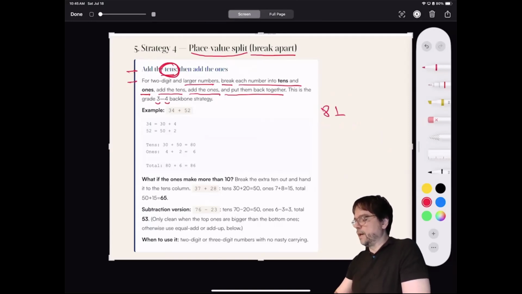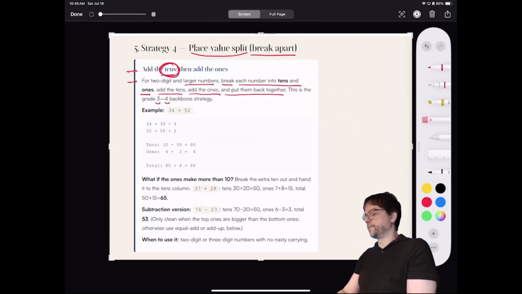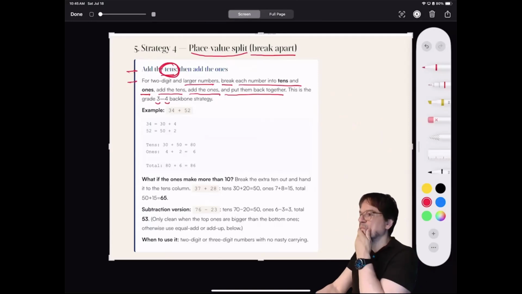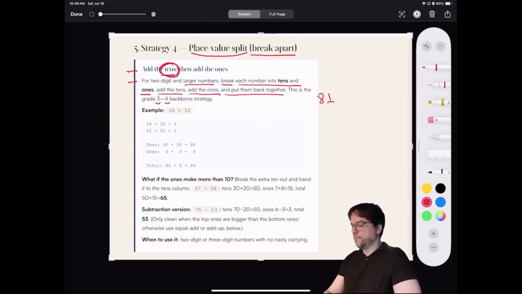How much is 81 plus 18? 81 plus 18. How much is it? Mental math. No. Look, 81 plus 18.